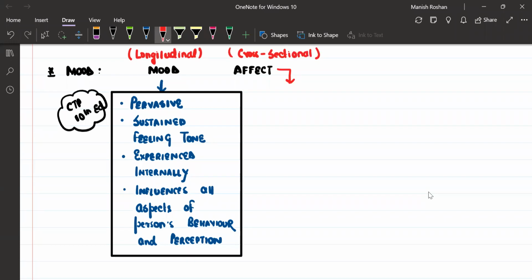Affect is the emotional state which is judged by external reaction.